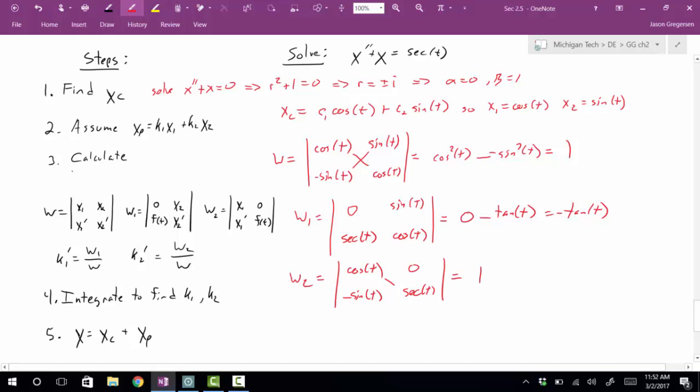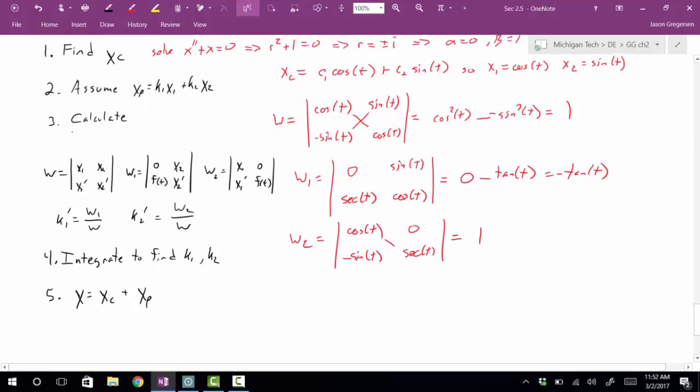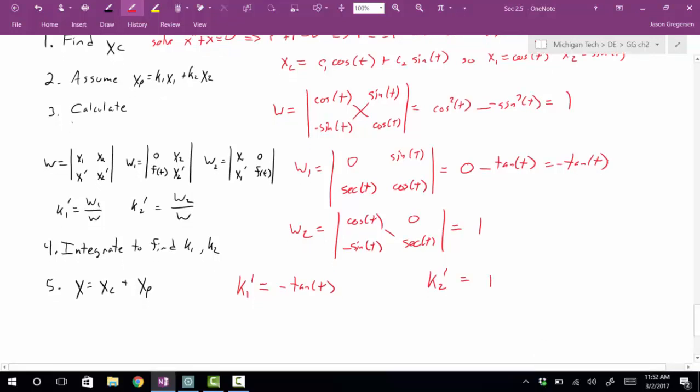So 1 minus 0 is 1. Now I can form K1 prime. That's just W1 over W. So I just get negative tangent of t. I form K2 prime. K2 prime is just W2 over W, just 1.